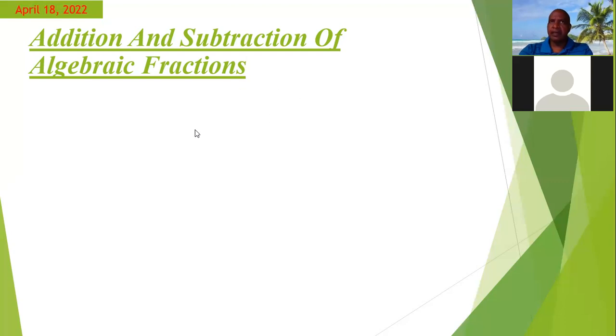algebraic fractions. Another thing with fractions is if we have mixed fractions and we are adding them, sometimes if you wish, you can convert what we call a mixed fraction or mixed number, that would be a whole number and a fractional part, into an improper fraction and then simplify. Now, there are cases where we don't have to really do any conversion.